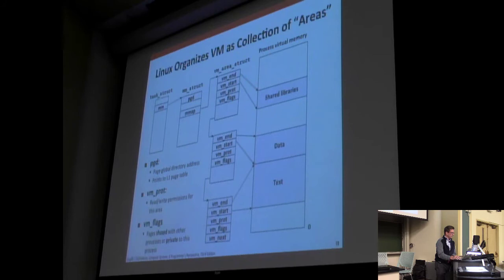For our purposes, these flag bits tell us whether the page is shared with other processes or whether it's private to this process. Normally the default is that pages are all private, but you have the option, if you do a fair amount of work, to get processes to share memory.